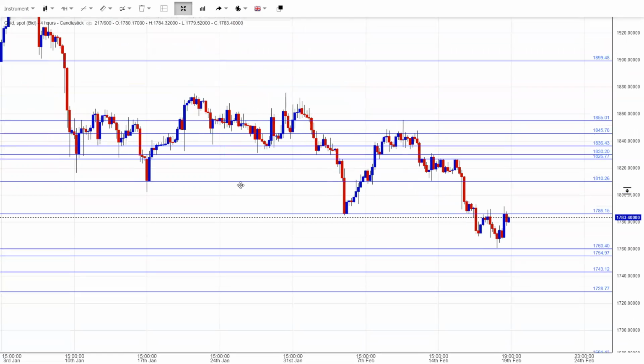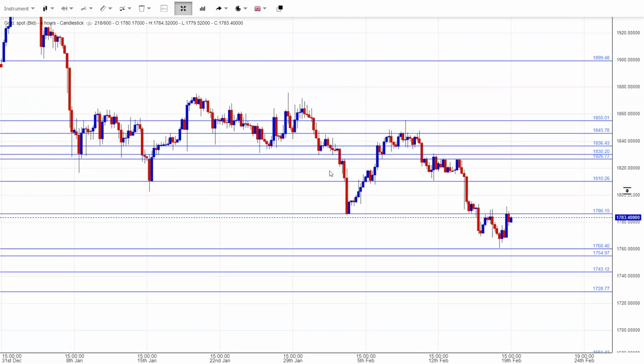All right, so for this upcoming week, we are anticipating price to, as you can see, the highs are getting lower. The previous week, we had the highs above 1860, then down to 1840, and then it went down to the 1820 zone.